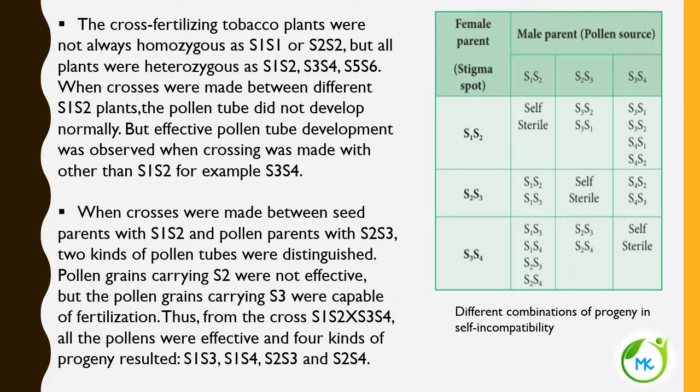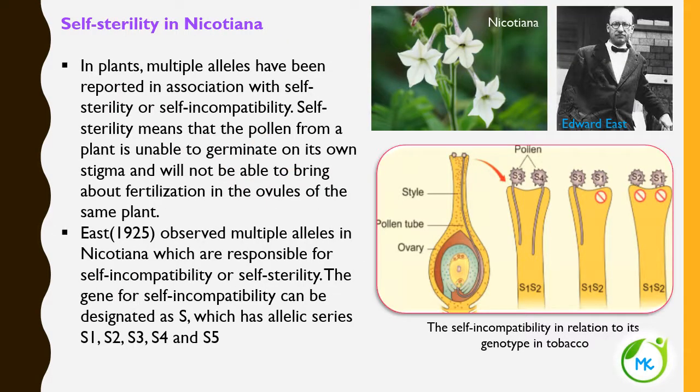I'll tell you about the progeny now, and again I'm going back to the previous slide to explain. Here the pollen is designated with its allelic form, S3 S4, and here this is the allelic form of the stigma.